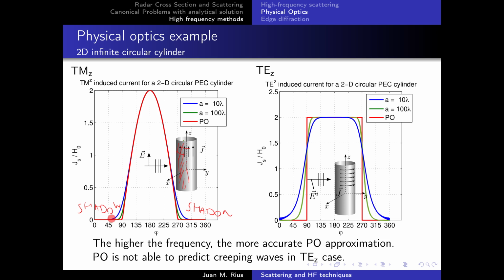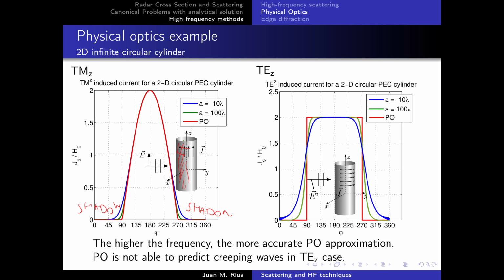So we have a smoother transition from the current in the illuminated region to the zero current in the shadow region. The approximation for a radius of 10 lambda is not as good as with 100 lambda, but anyway it's quite good. Even for a radius of maybe 2 lambda, or 1 lambda, it's good enough for practical purposes.